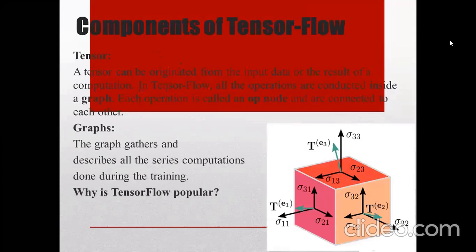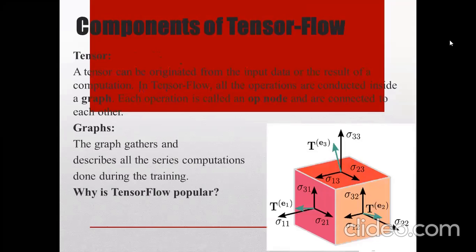All values in a tensor hold a similar type of data with a known shape. The shape of the data is the dimension of the matrix or the array. So what is it? A tensor is a vector, meaning a single-dimensional array, or a matrix. A matrix is a multidimensional array. The values in a tensor hold a similar type of data with a known shape, and the shape of the data is nothing but the dimension of the matrix.